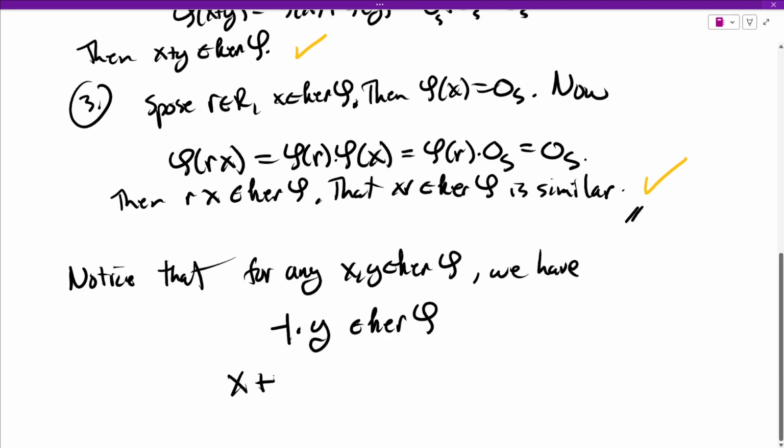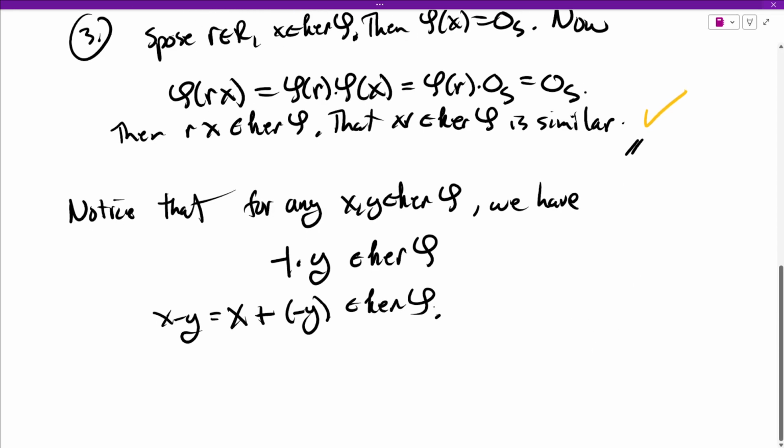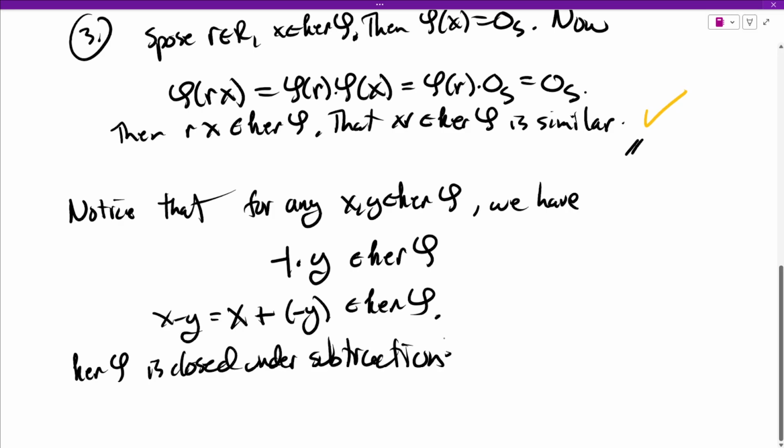So x plus this new element of the kernel, -y, is in the kernel. And this is what we, again, call subtraction. So the kernel, since it absorbs multiplication by r, is also closed under subtraction. And we could have seen that directly, but it follows from the other two properties.